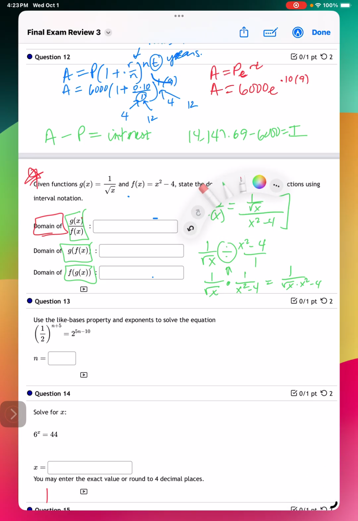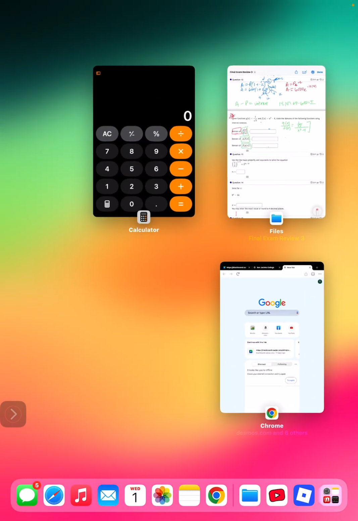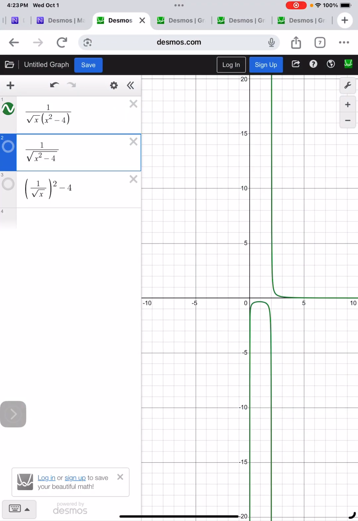So let me erase this real quick. And I'll be able to show you both ways. Going into Desmos. So take a look at this one.